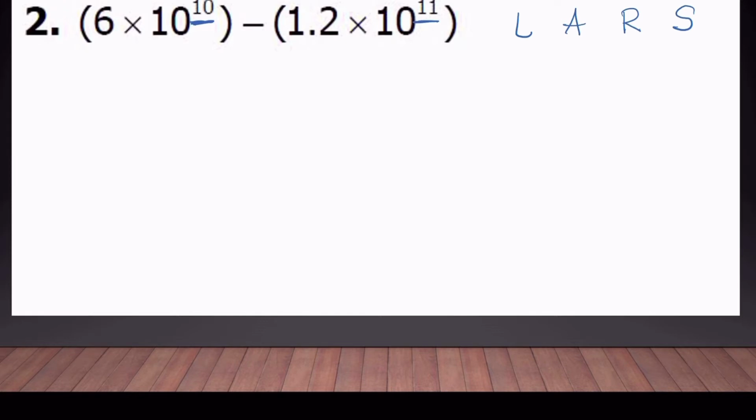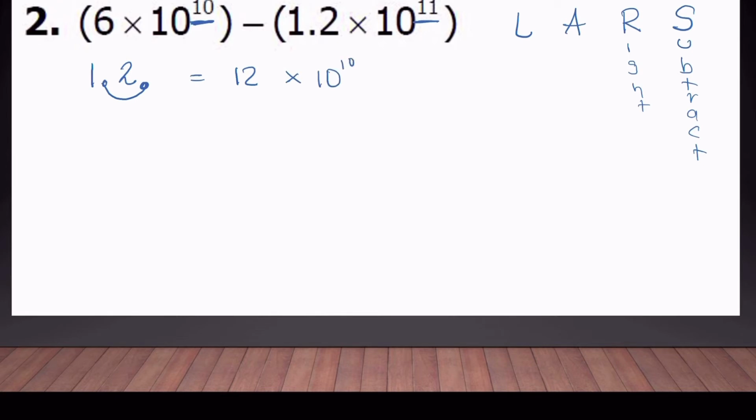And I like that subtraction of the exponent because what it does is take this number. If I moved right 1, I'm at 12. But since I moved right, I have to subtract that exponent. So I end up with 12 times 10 to the 10th.